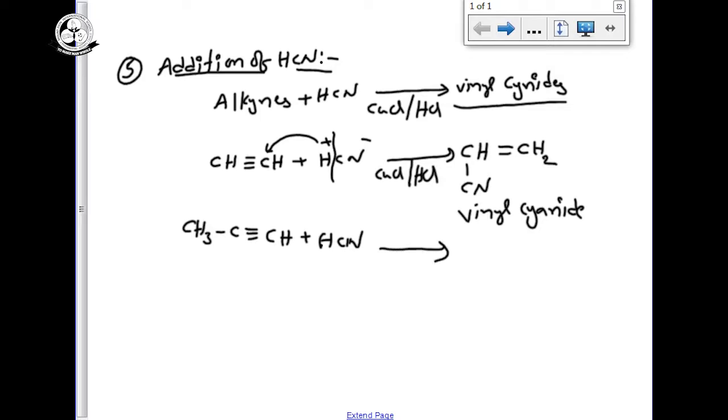As usual we are following: hydrogen will be attached here and cyanide will be attached here. Then we can get CH3 C(CN) double bond CH2, a substituted vinyl cyanide.